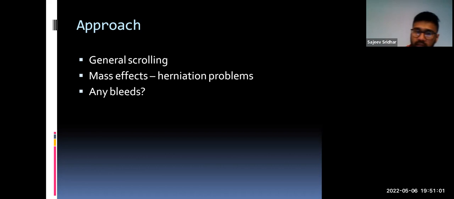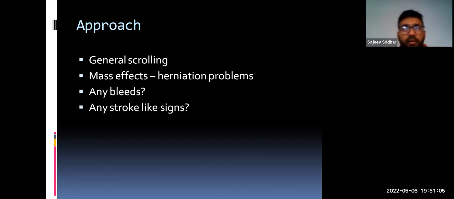The next thing you definitely need to rule out is any kind of stroke-like signs. There are three main signs that a CT will be able to show you that are more representative of a stroke.